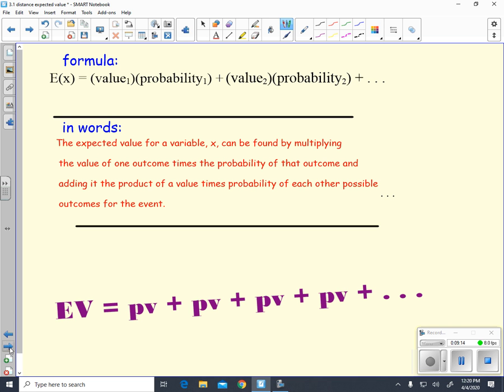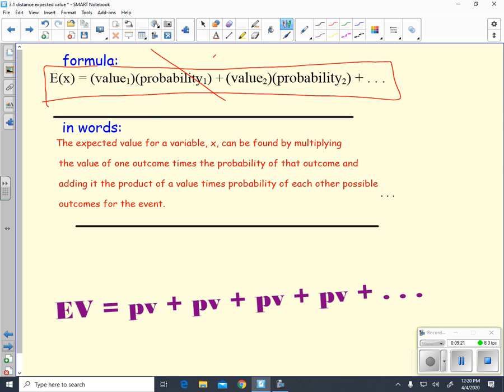Now, in your text, the formula looks like this, and I think that's really messy. So if you're copying this into your notes right now, I would copy this formula instead. EV, expected value, equals probability times value plus probability times value plus probability times value, and so on.